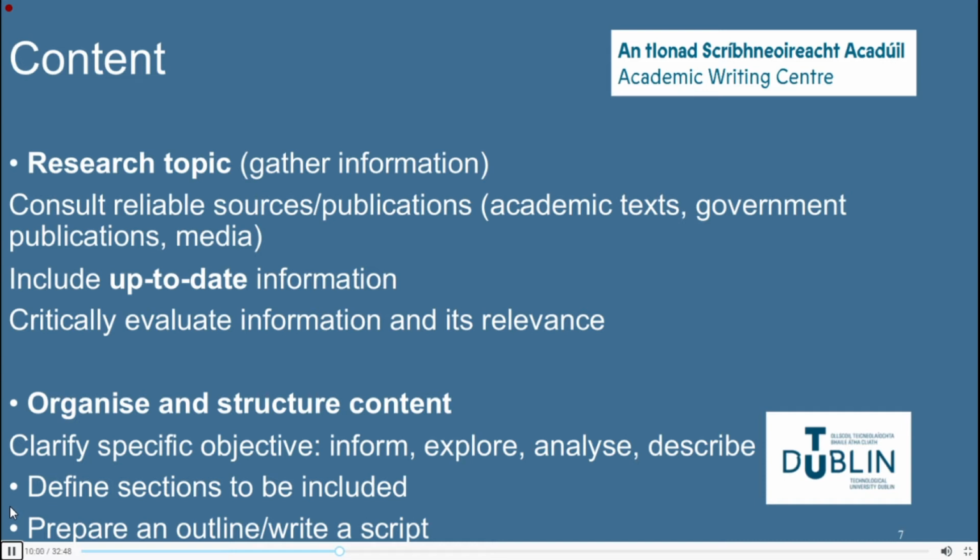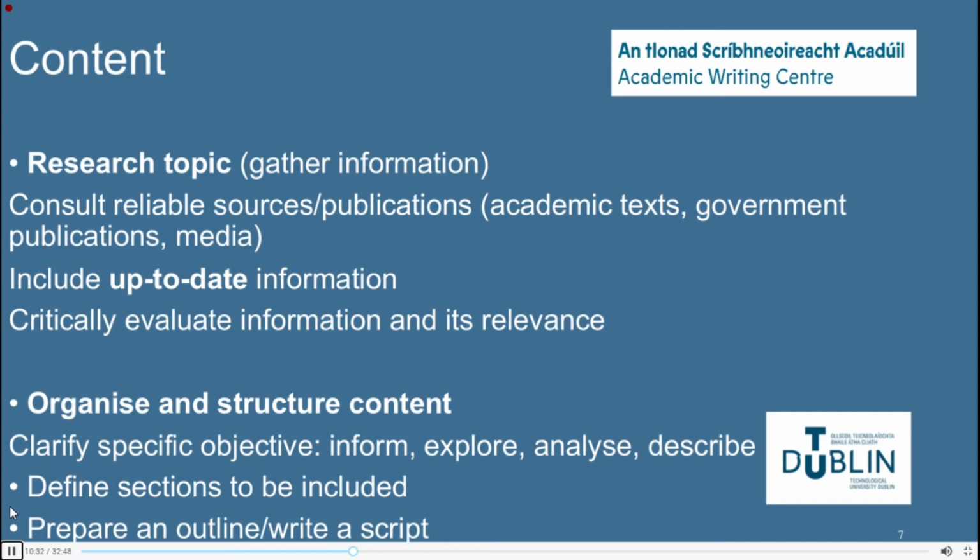And for that information to be current and up-to-date, it is very important to have up-to-date information on that particular project. It is your role as presenter of a particular topic to critically evaluate the information you have gathered and also its relevance to your theme and your topic.